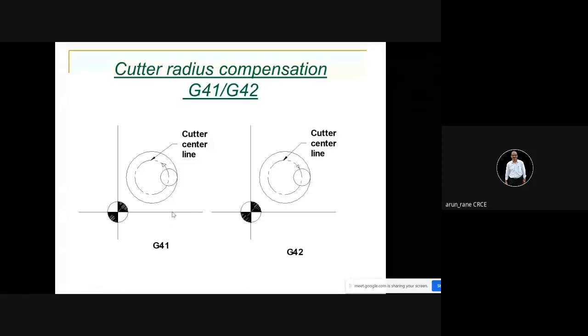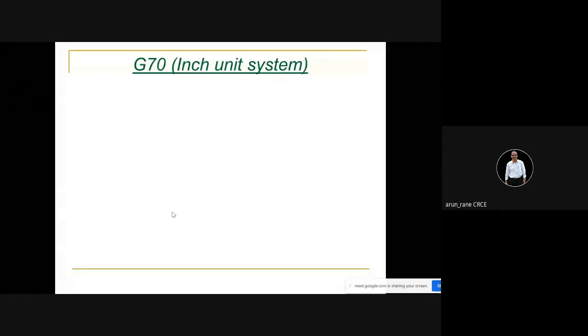Slightly difficult to understand, but not really. G70, this is simple. If you have the drawing or the blueprint and you have all the dimensions in inches, then in the beginning you have to write G70. So all the dimensions you write subsequently will be taken as inches.